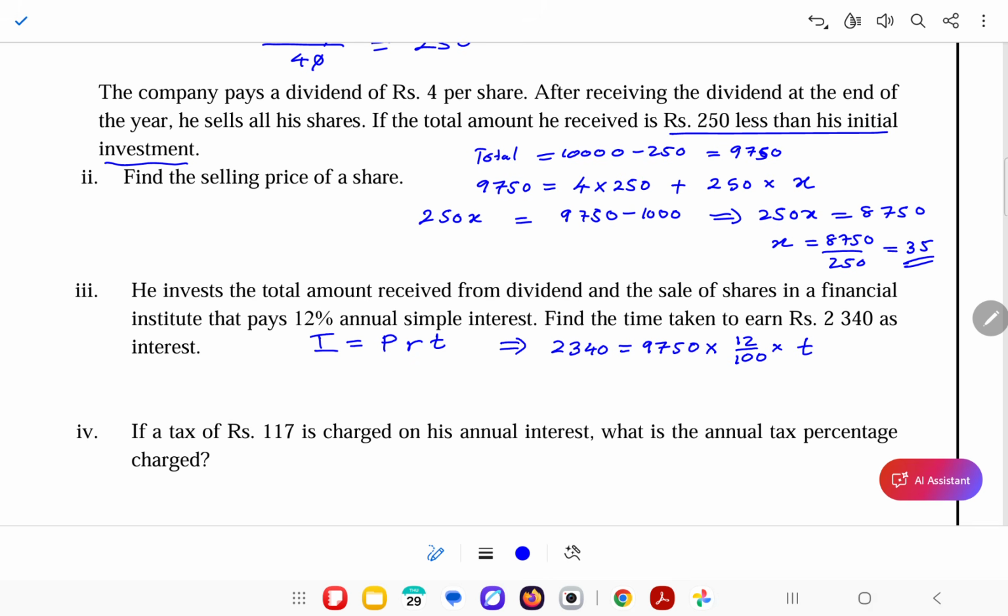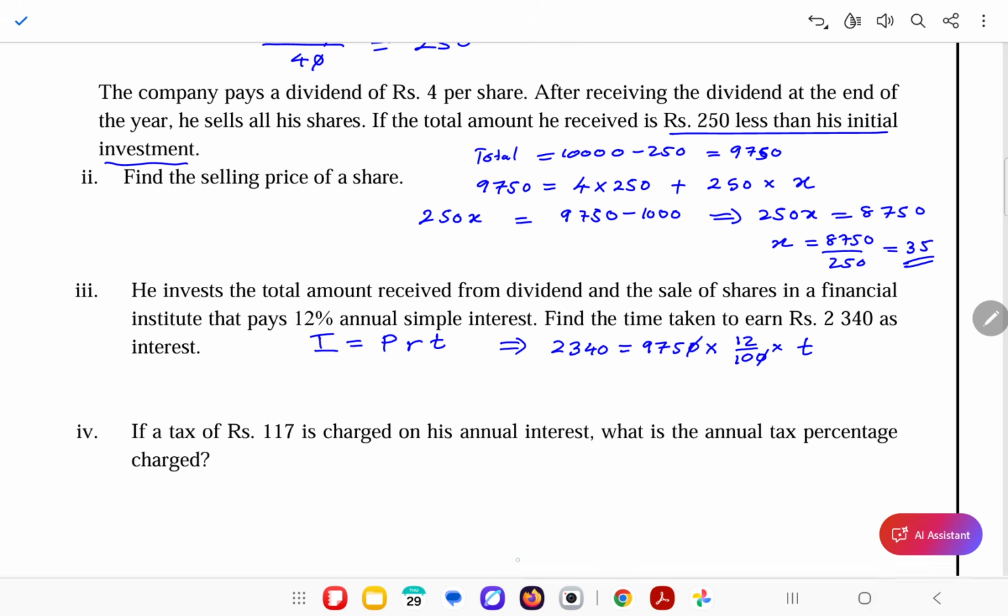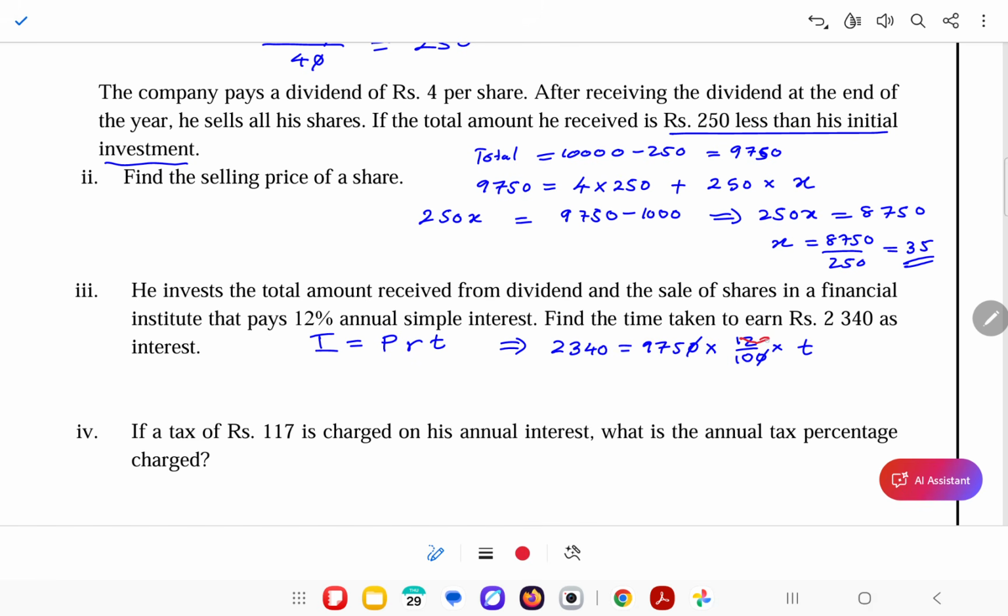So let's simplify this. This 0 cancels. This becomes what? 6 over 5. Then 975 you can divide by 5, which is 195, right?